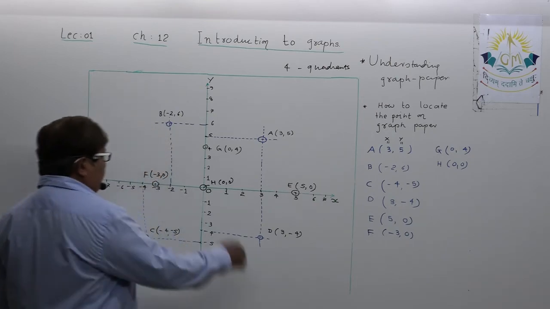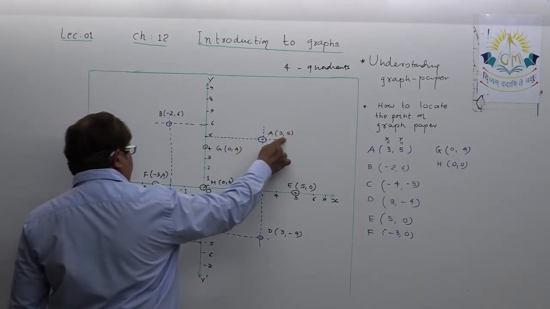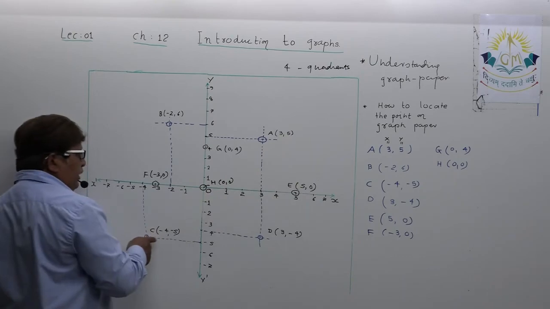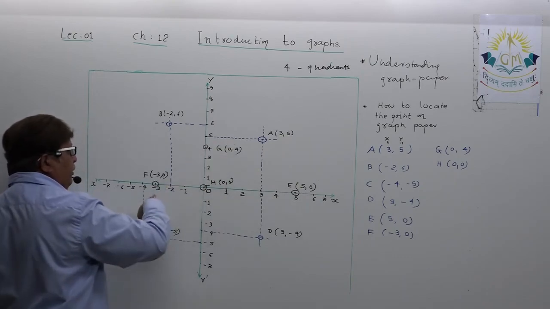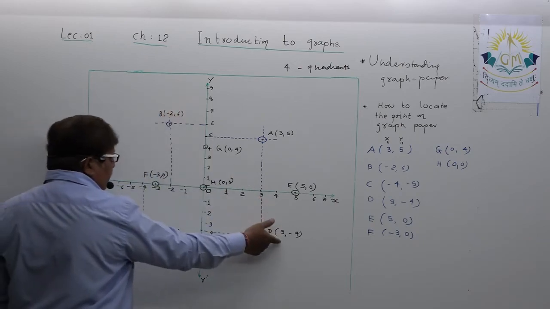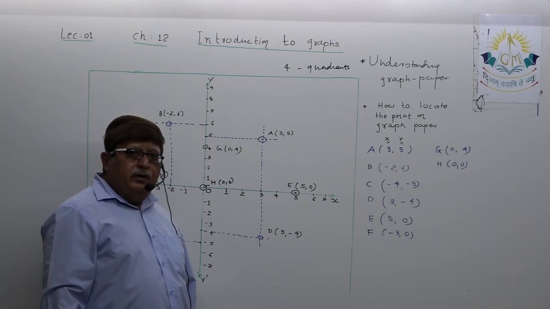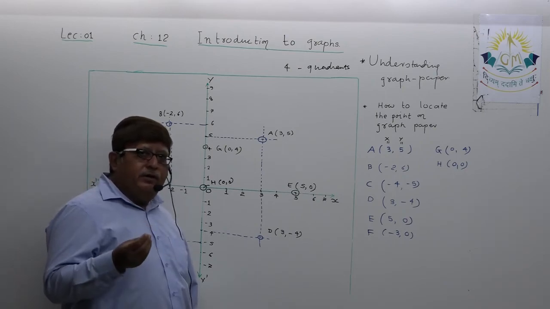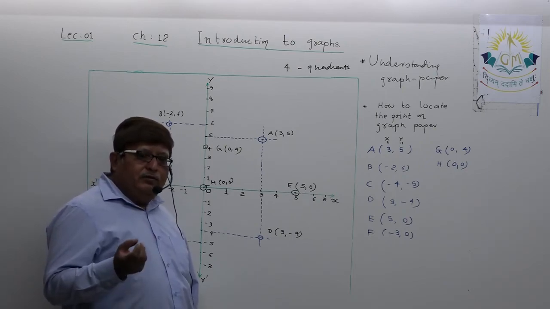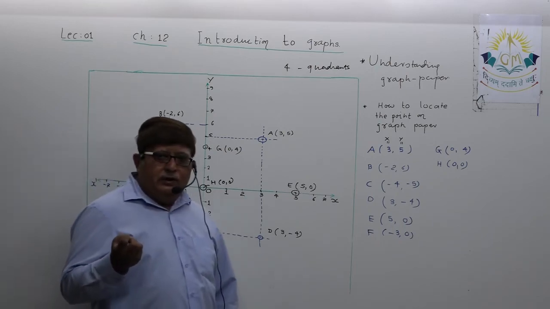So how can you remember this? See, both positive first, both negative third, opposite: negative positive second, positive negative fourth quadrant. This way you can remember how to decide. Sometimes in MCQ you are asked, it is just a one line question.